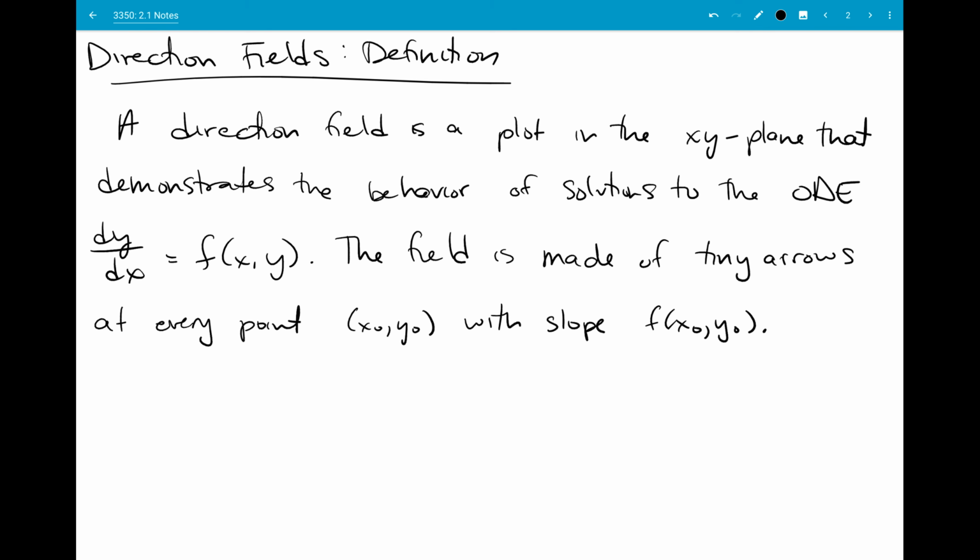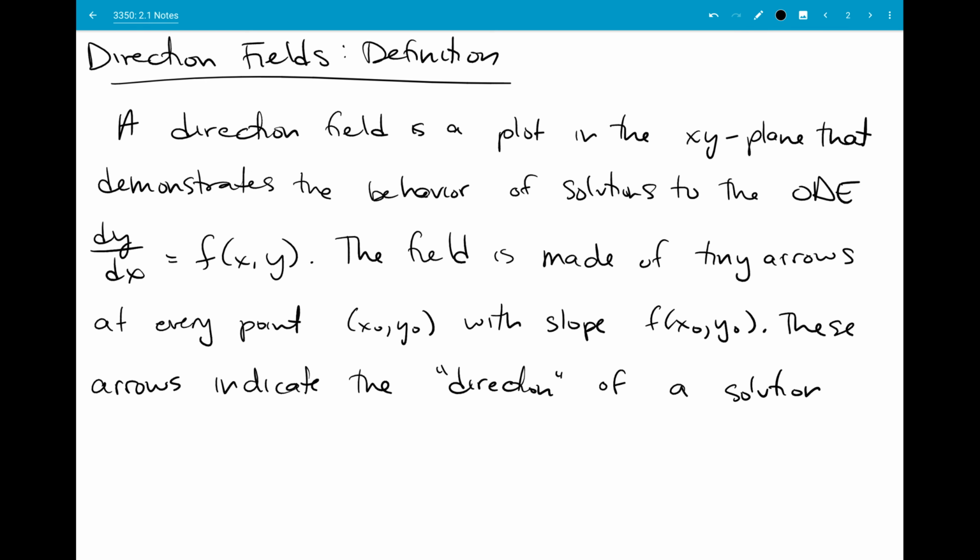And so what happens is, once you draw those arrows, they're going to indicate the direction of a solution from any point. And we'll do an example that makes this more concrete in a second.